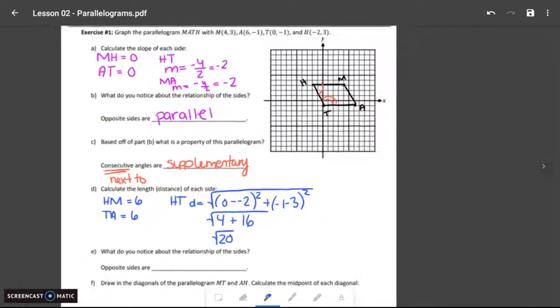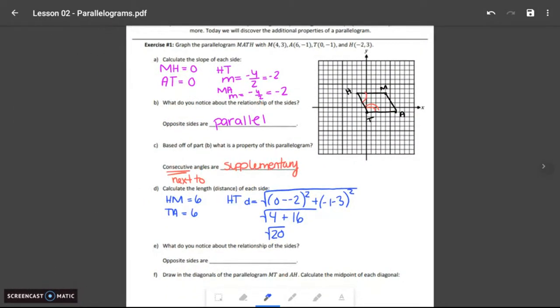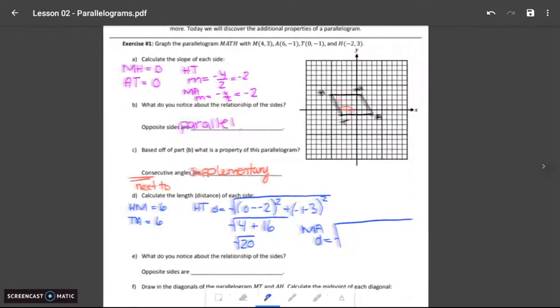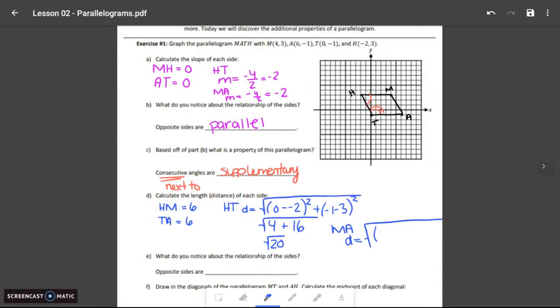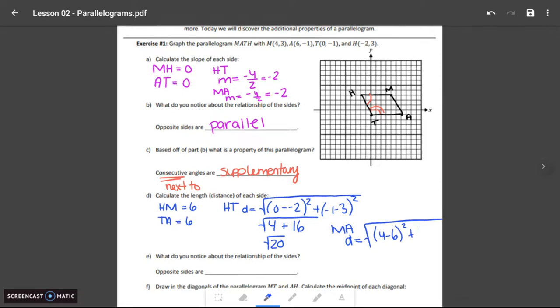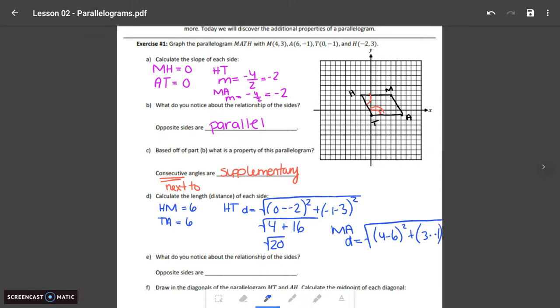And we're going to do that one more time for our side MA. So for MA, we're going to have the points 4 subtract 6 squared plus 3 subtract a -1 squared.